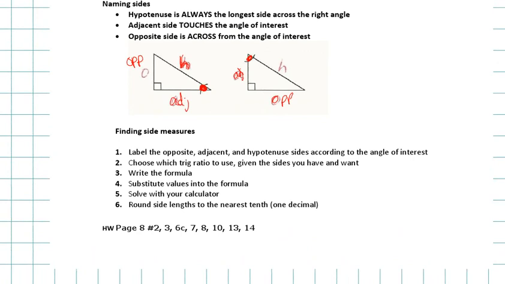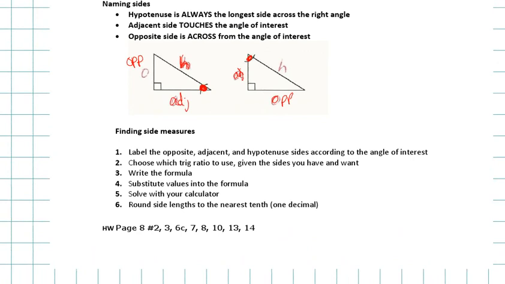We're gonna look at examples, how to do them, how to get to the answer. These are the steps you need to follow to solve. First, you label your triangle with opposite, adjacent, and hypotenuse according to the angle of interest. Then you see, I have an angle, I know the opposite, I'm looking for the hypotenuse.